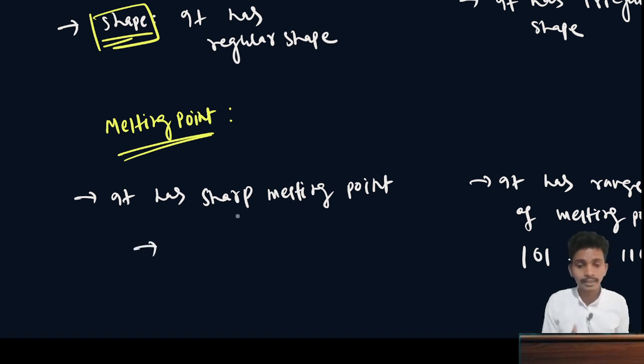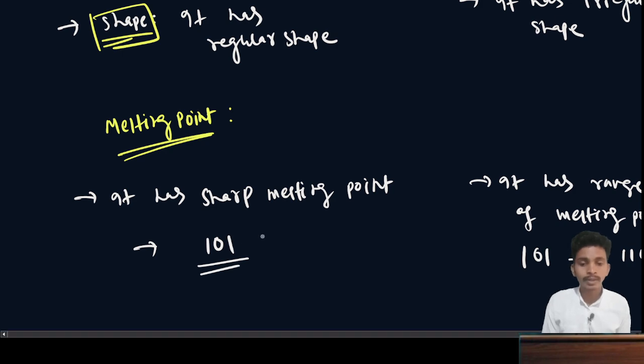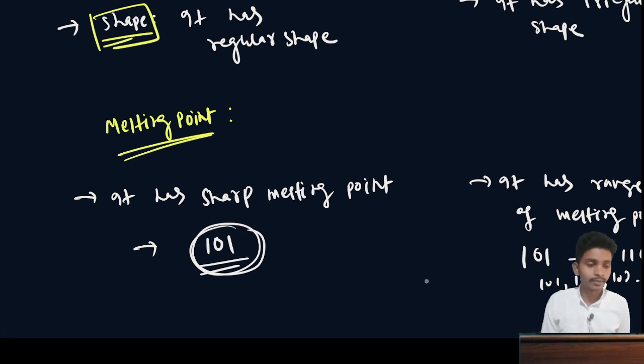In this other case it may melt at 101, 102, 103, up to 110. So within this range it will melt, but for crystalline it is sharp, one melting point.